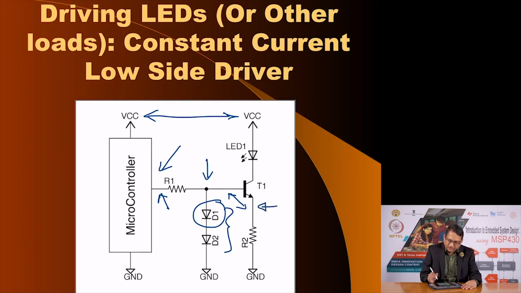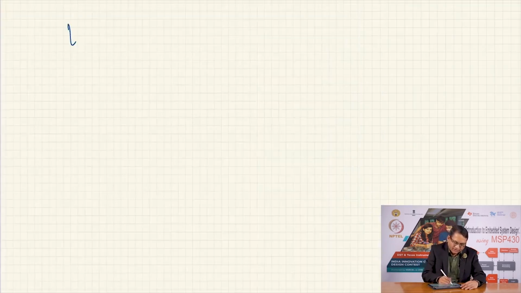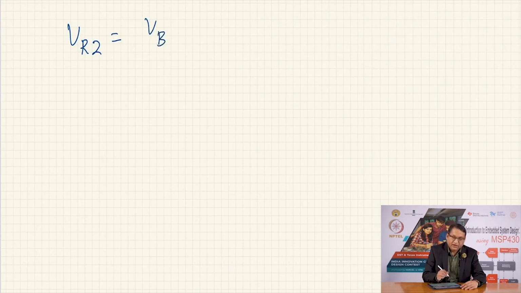The voltage here would be 0.7 V, or VBE, above the voltage at the emitter, and therefore, the voltage across the resistor R2 would be VR2 equal to VB, that is the voltage at the base, minus VBE.